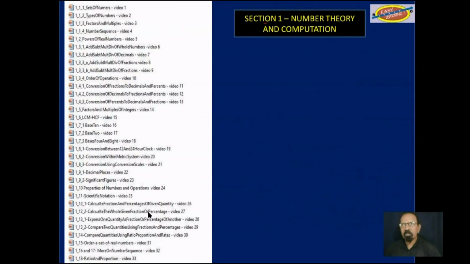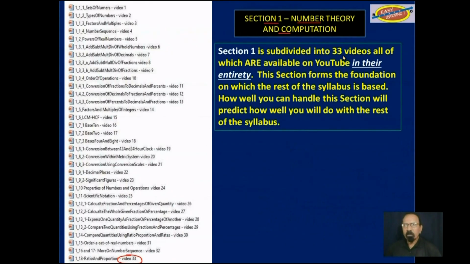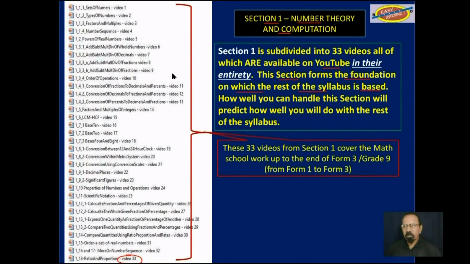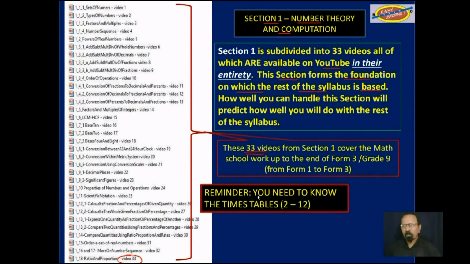Just a reminder that for section 1, number theory and computation, there are 33 videos. They are all published on YouTube in their entirety, specifically because this section forms the foundation on which the rest of the syllabus is based. So please make sure you look at those 33 videos and know them well. Reminder also that you need to know the times tables from 2 to 12.